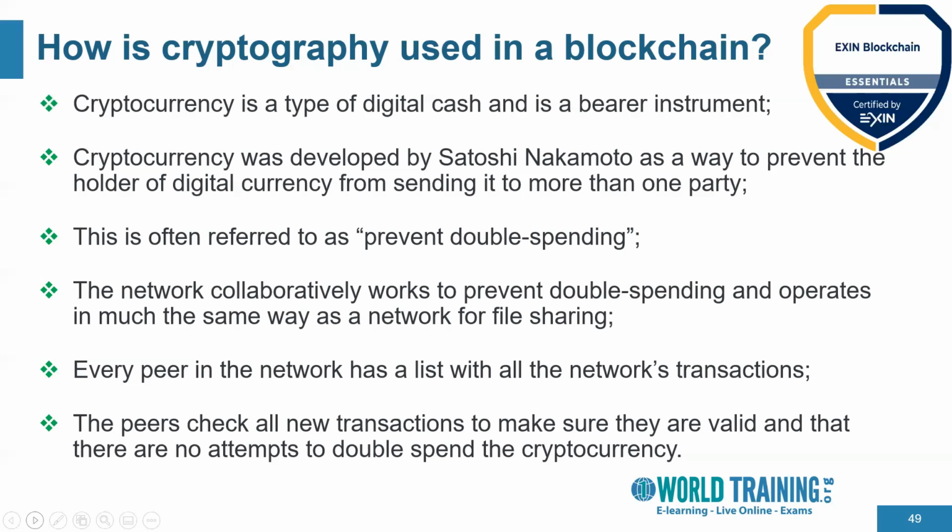Every peer in the network has a list of all the network's transactions, and the peers can check all the new transactions to make sure that they are valid and that there is no attempt to double spend the cryptocurrency. Any falsification of the record can be caught in the network, because all the nodes have the list of all the valid transactions in the system. That's how cryptography is used in the blockchain network.